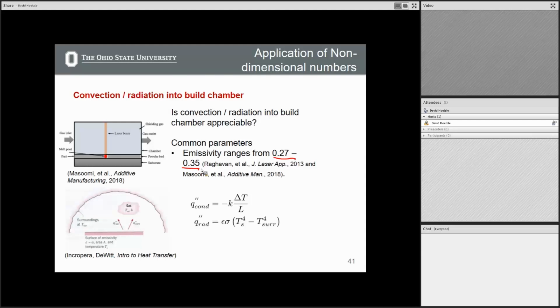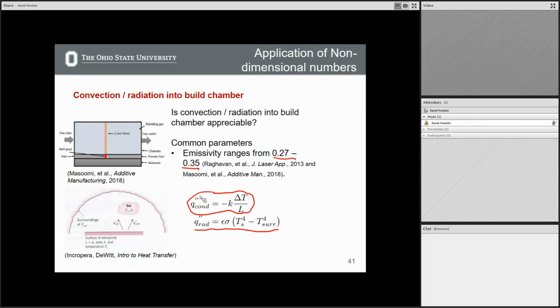As a reminder, this is the equation for heat transfer via radiation. Conduction we've already covered quite a bit, but for radiation we have the emissivity times the Stefan-Boltzmann constant, times the difference between the temperatures to the fourth power. Okay.